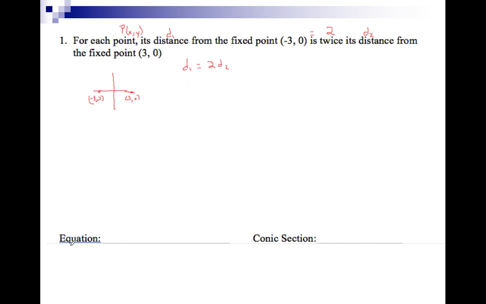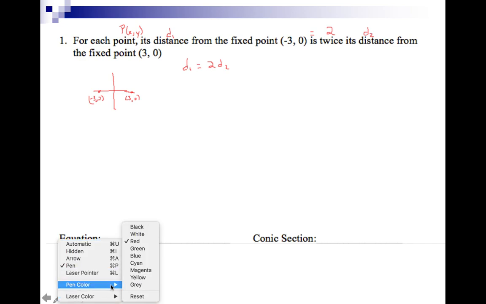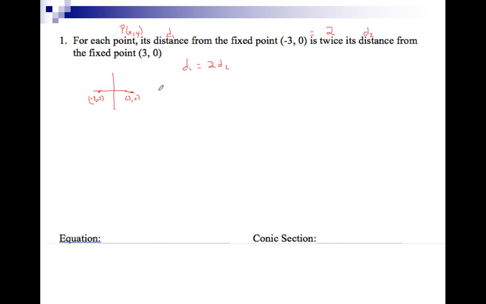Now take distance 1 and turn it into Pythagoras. Pythagoras is the square root of x stuff squared plus y stuff squared.